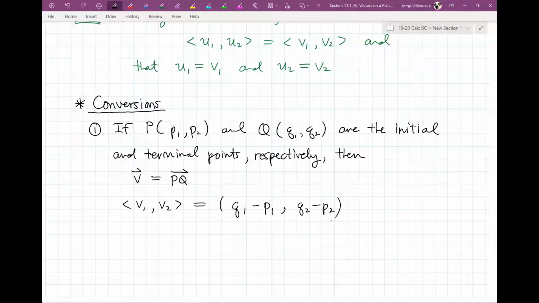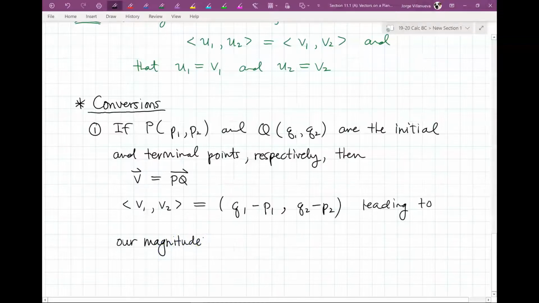I'm going to put right here, leading to our magnitude. And this is kind of a shortcut to the magnitude, just so you know. Sometimes they'll just give you the vectors.